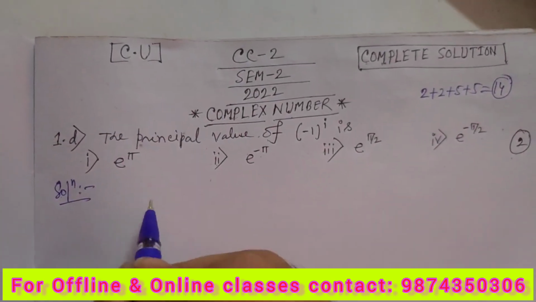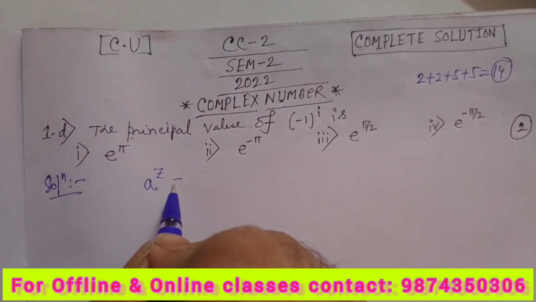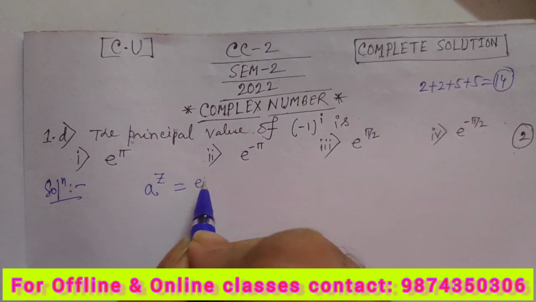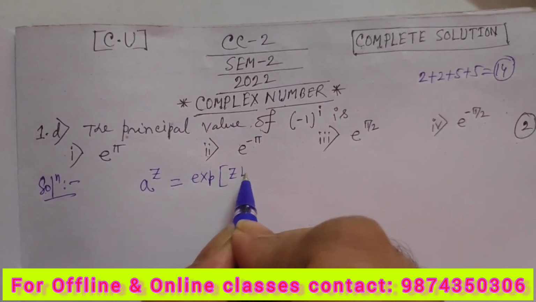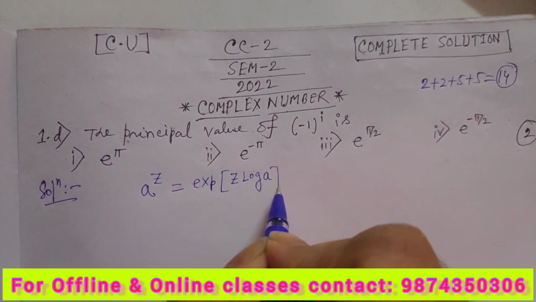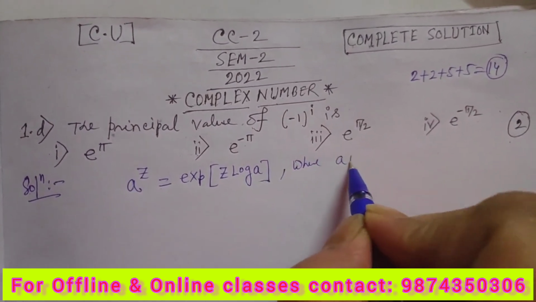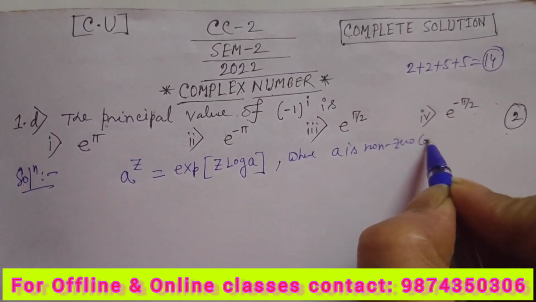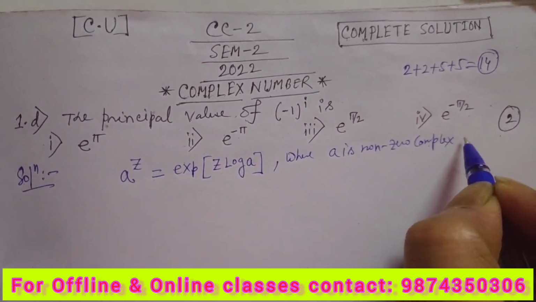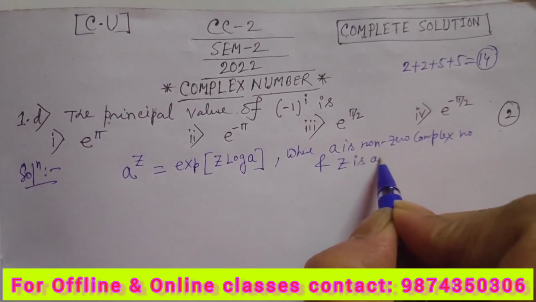We know that a to the power z is equal to exp of z log a, where a is a non-zero complex number and z is any complex number.